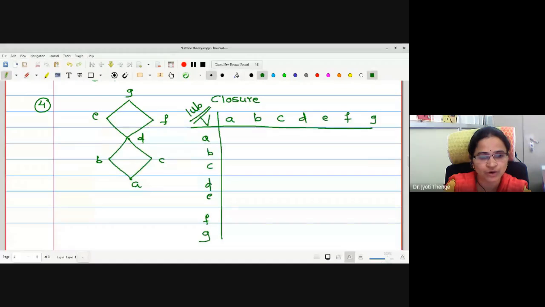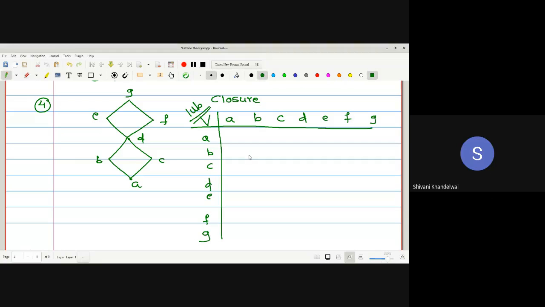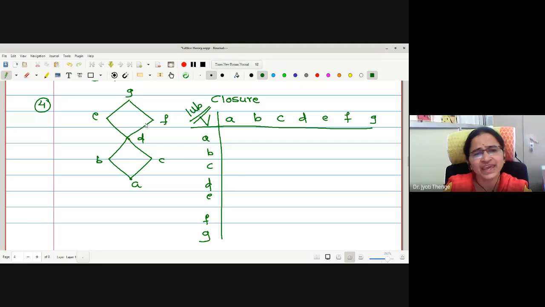Is the screen visible to everyone? Why is no one responding? Ma'am, how to compare that? See, whatever same element you are taking, the least upper bound of 2 and 2, whatever the relation may be, is 2 only. Same element, therefore it is A.